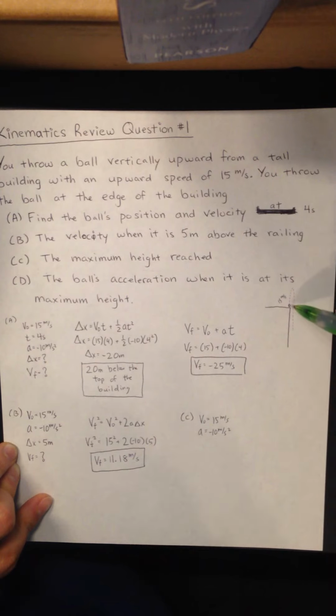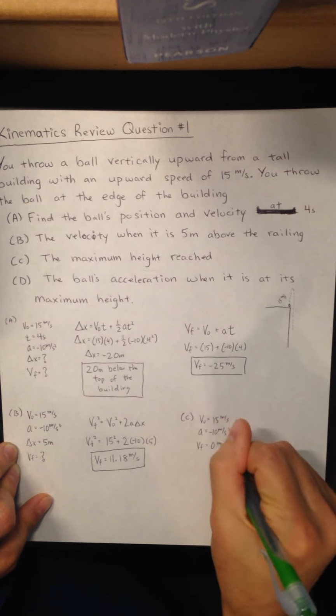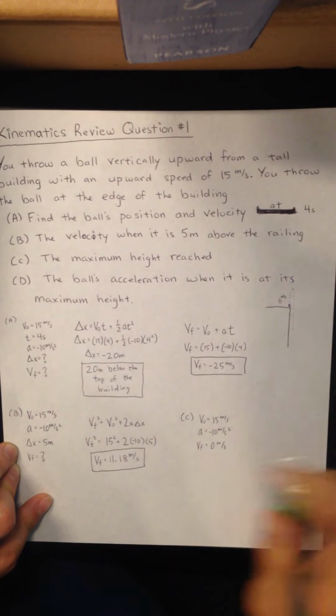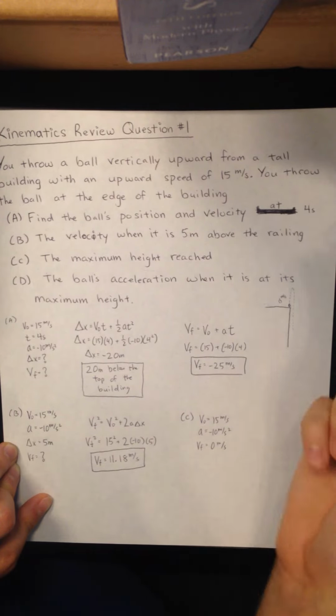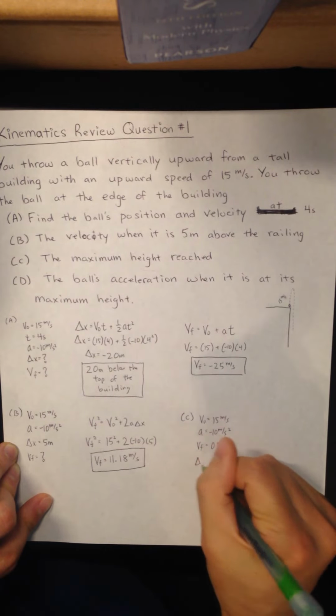What we should know is when this ball reaches its maximum height, for an instant in time, the velocity is going to be 0. So the final velocity at this point right here is going to be 0 meters per second. Now we have 3 pieces of information. We can always find the fourth after this. And we're looking for the maximum height, so we're looking for displacement.